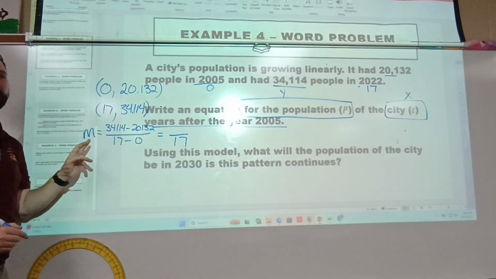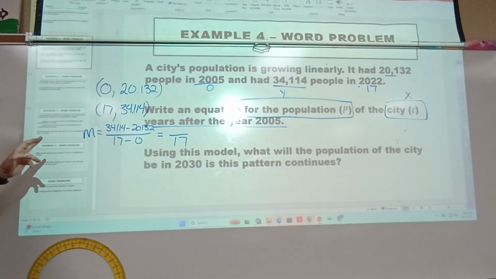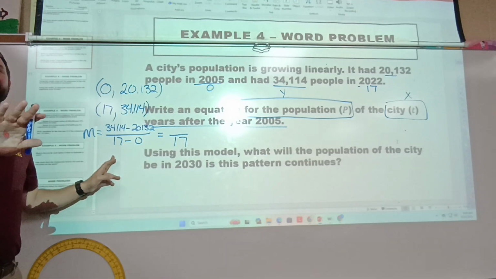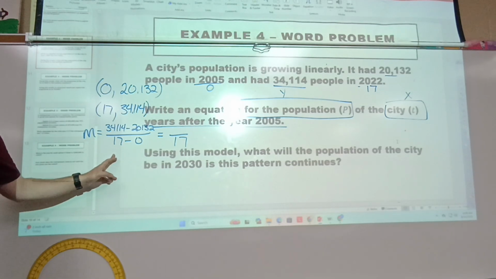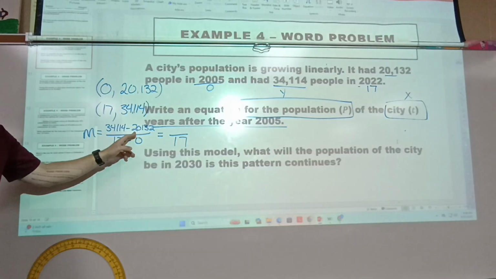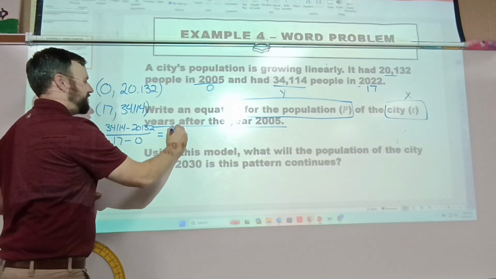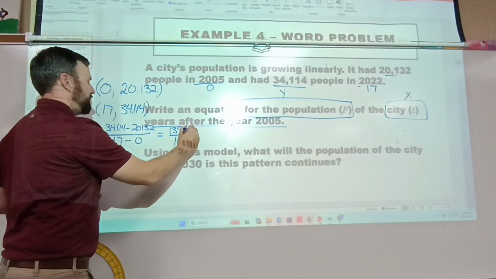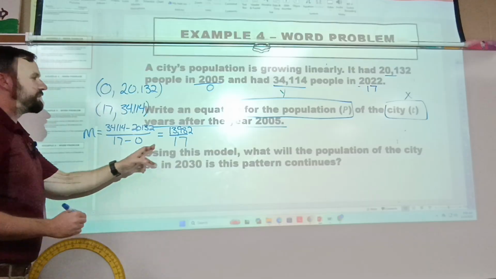What do you guys get for that? I got the 17. No help needed there. What do you guys get for the top if you have a calculator? 34,114 minus 20,132. Anyone? Bueller? 13,982. What's that divide out into then?